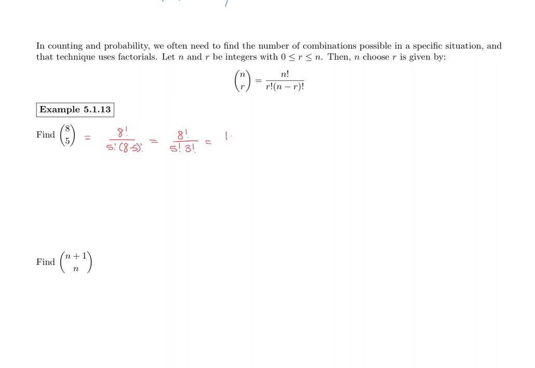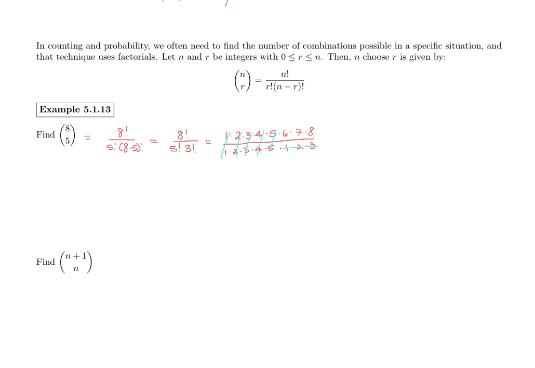So if we write it out, we have 1 times 2 times 3 times 4 times 5 times 6 times 7 times 8 over 1 times 2 times 3 times 4 times 5 times 1 times 2 times 3. When we start trying to cancel 1s, 2s, 3s, 4s, and 5s, but 2 times 3 is also 6.